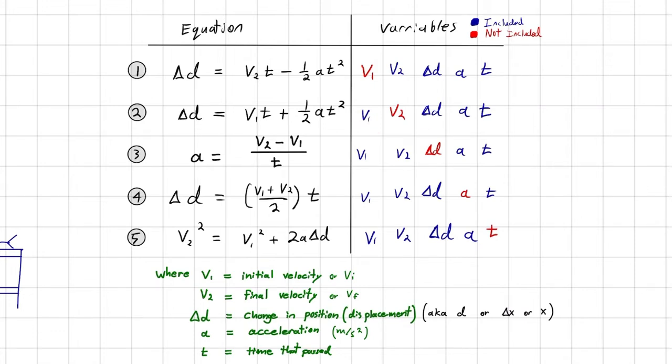So v1, delta d, acceleration, and time. That's equation 2. I've numbered it equation 2. Your textbook, your teacher might have different numbers associated with the equations, so it's important to look at the equation itself. But given that these are the variables that we have, we will be using this equation here.